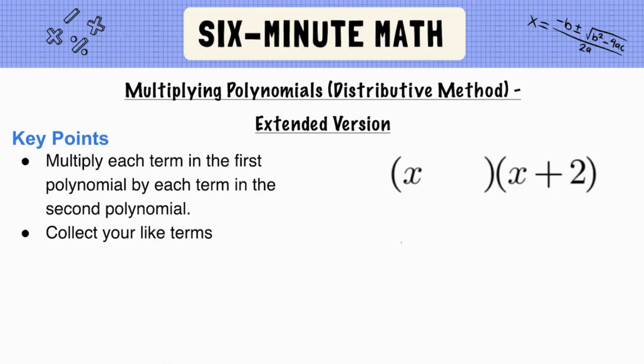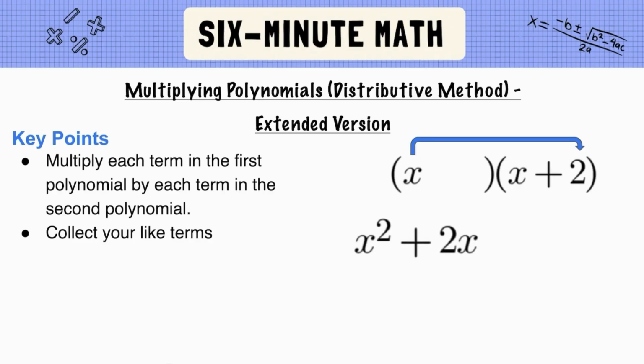I'm going to isolate that first term and multiply it by each term in that second polynomial. X times x is x squared. And then x times positive 2 is 2x.